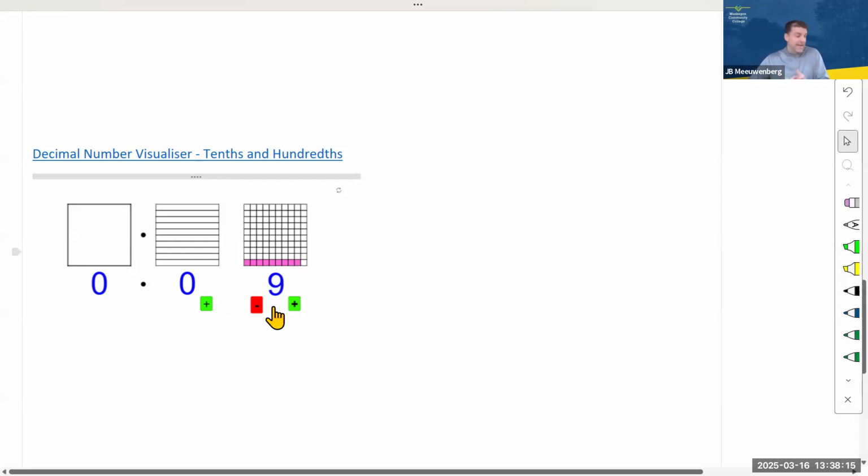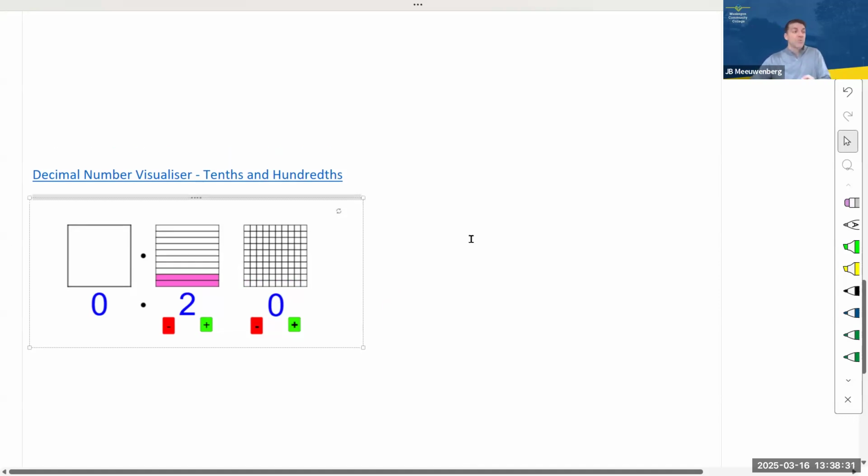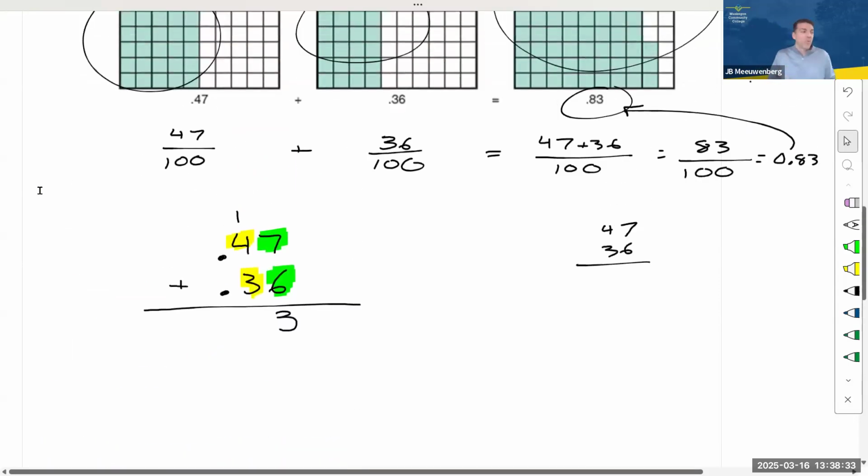We counted 1, 2, 3, 4, 5, 6, 7, 8, 9, 10, and it transferred over to the tenths column. And we do it again. We get up to 9, and as soon as we get up to 10, it transfers over, right? There's that idea of regrouping.